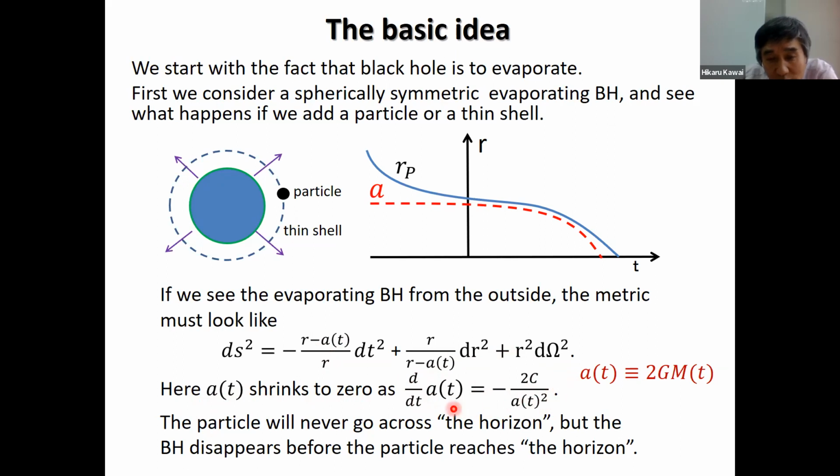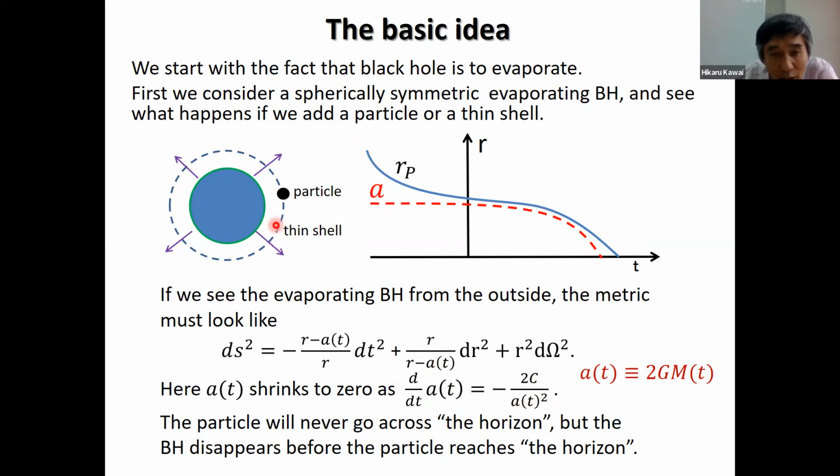So we see the black hole evaporates in the time scale of A cubed. If A is large, the lifetime of the black hole is really large. So this finally evaporates following this rule.